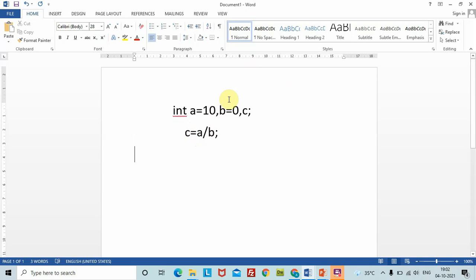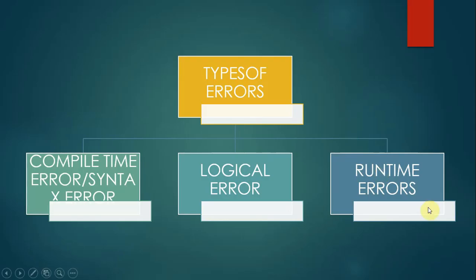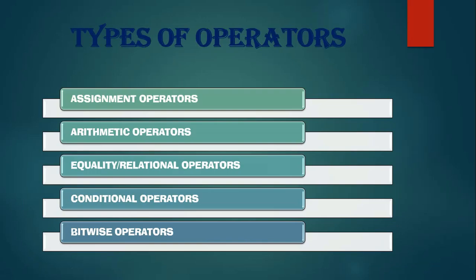But in computer, there is nothing such as an infinite number. So it is going to give an error. Which type of error? A runtime error. When I am inserting a wrong value while I am about to execute my program, these types of errors are called runtime errors. So there are three types of errors: compile time error, logical error, and runtime error.